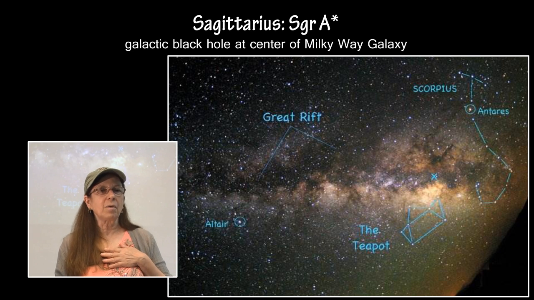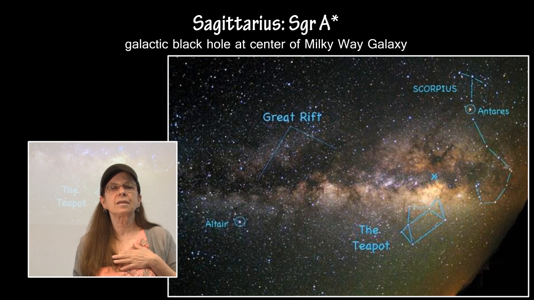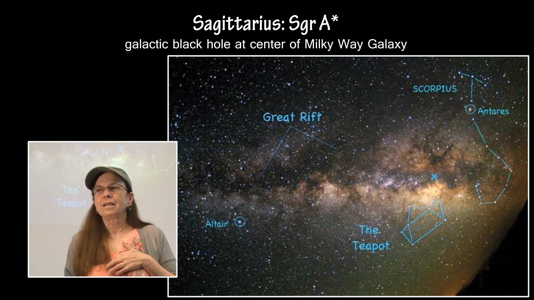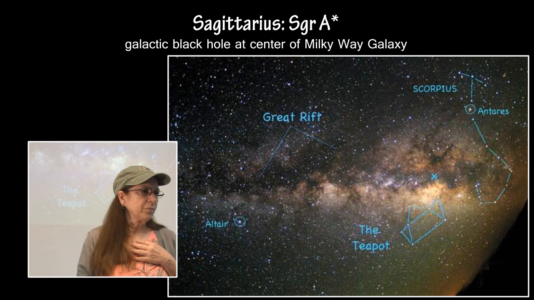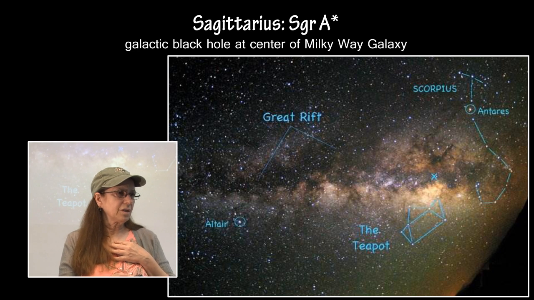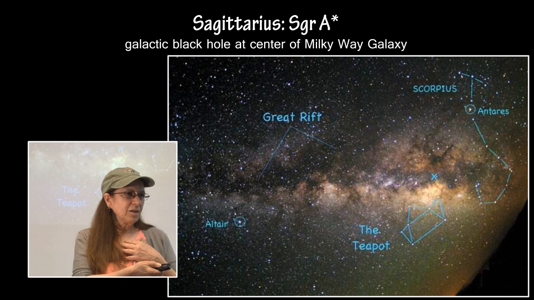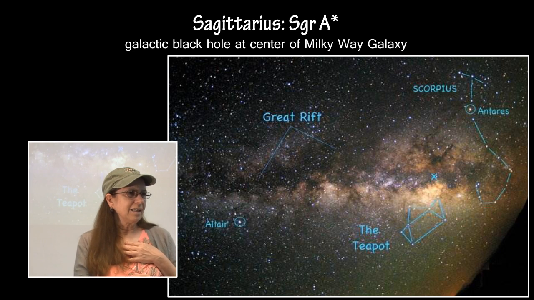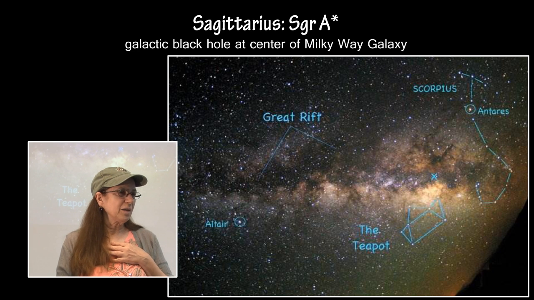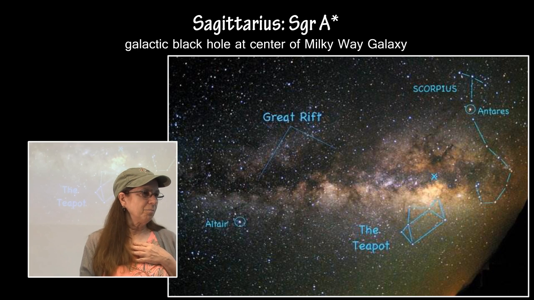Chandra has done some amazing observations. It might be that its legacy is the work that it's done with the Milky Way Galaxy. The little X here shows exactly where Sagittarius A is located, and you can see it's right next to Scorpius and Antares.